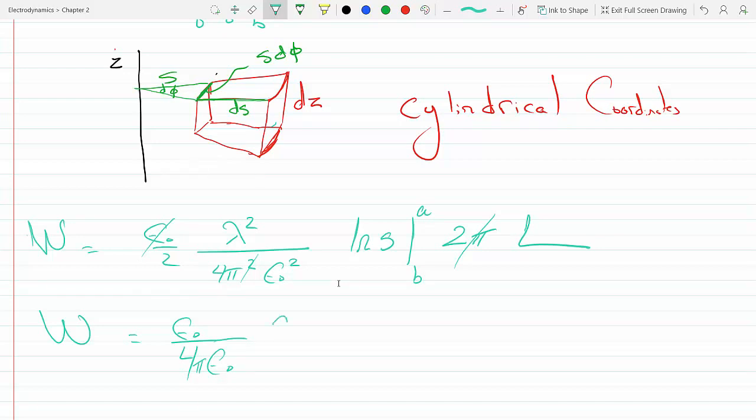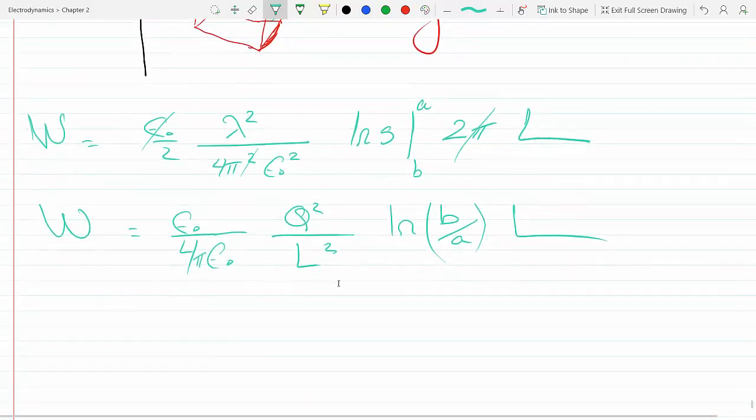We have lambda squared. Let's just write for lambda squared what it is. That's q squared divided by L squared. We have ln b minus ln a, which would be ln b over a, and we have L. And so if we simplify, 1 L cancels out, and we get the energy stored in the field to be, epsilon also cancels.